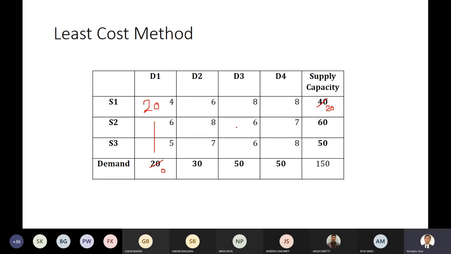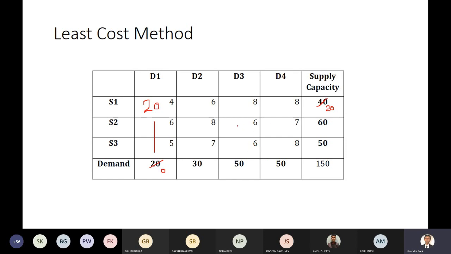If I allocate 50 here, then if I look at the supply constraint, 60, that means another 10 would be left out, and that will come up in this particular cell. Correct? And if I allocate 50 here, then nothing would be left. So I can choose either of the two.